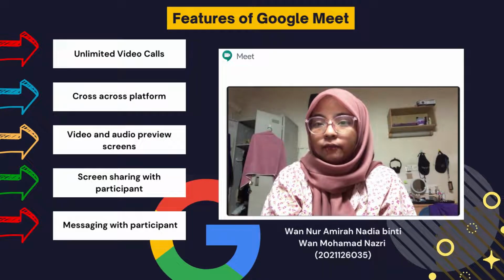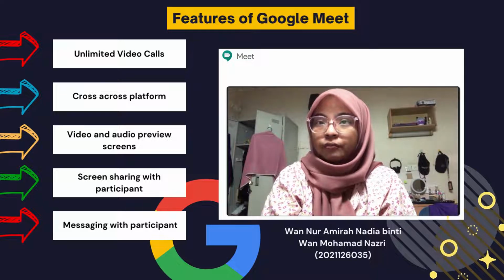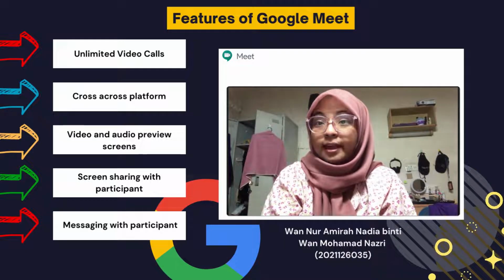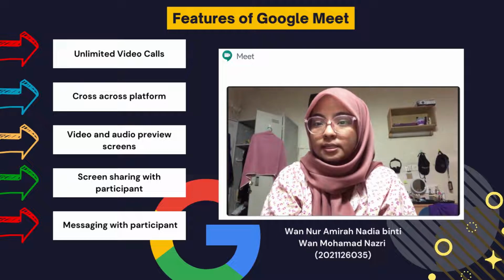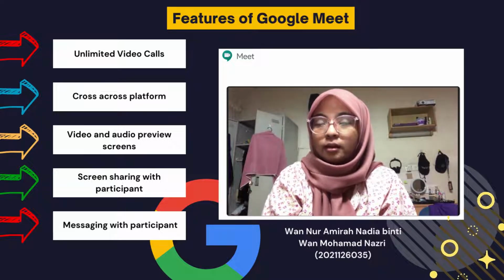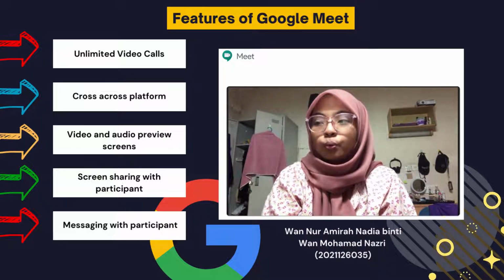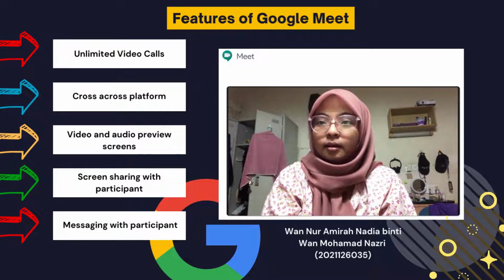And not only that, the organizer of the meeting has access to the attendance reports of the people who joined the meeting. So it is easier for them to take note of who attended the meeting and who did not.